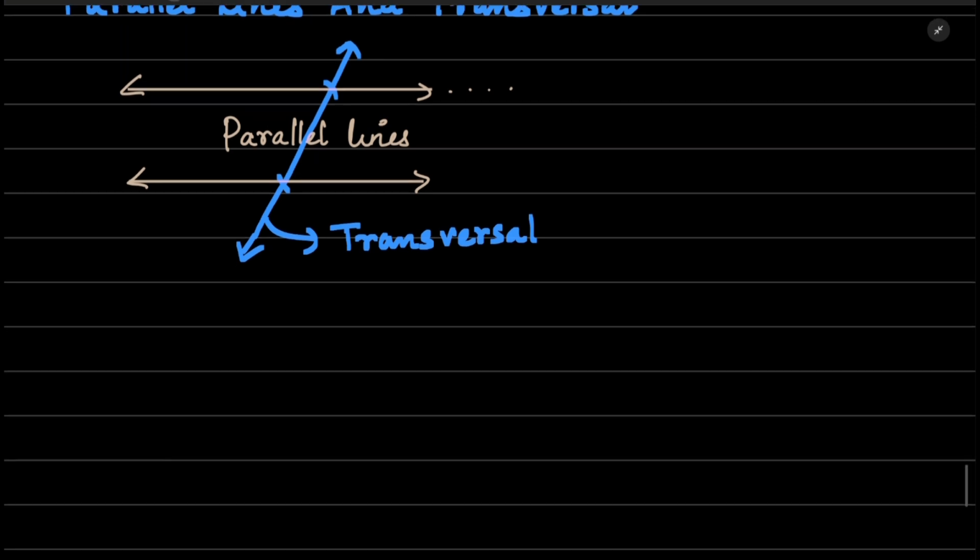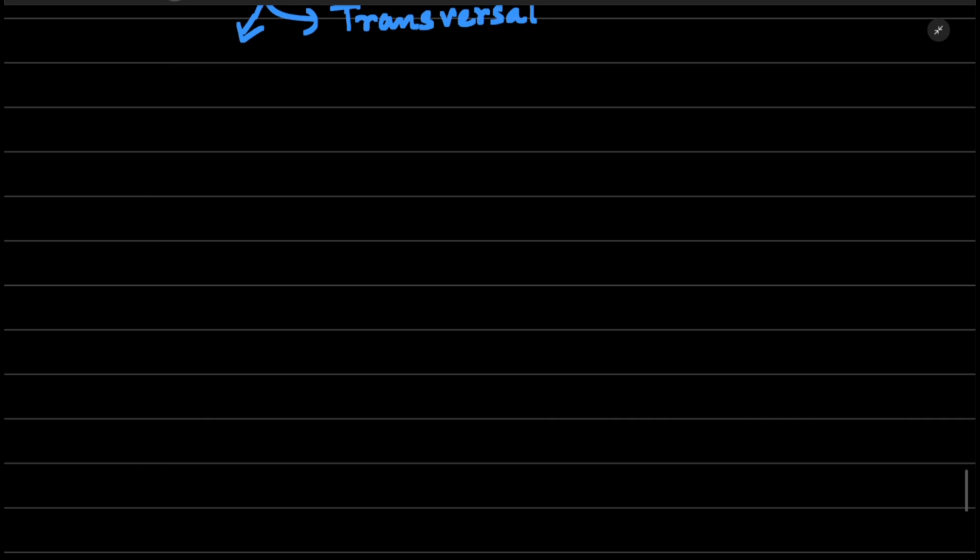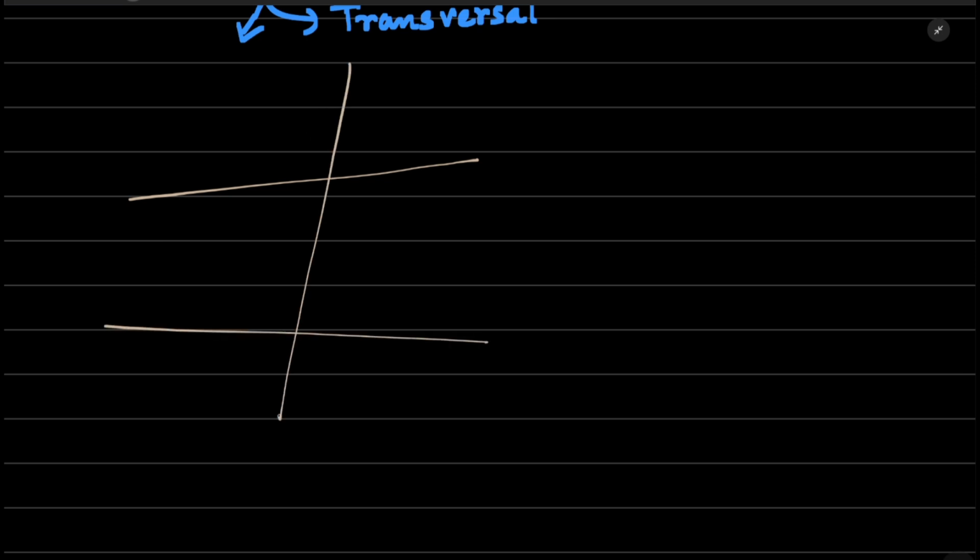Now let me draw some random lines. This is one line and this is another line, and I have got a transversal. These are lines which are not parallel to each other, as you can see from the figure. So you have your L and M, and this is your transversal.